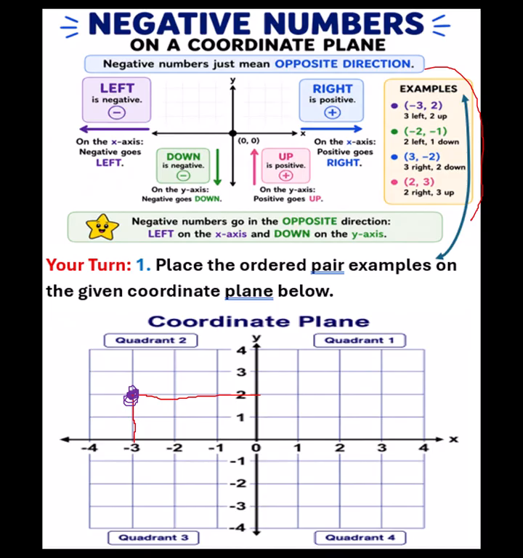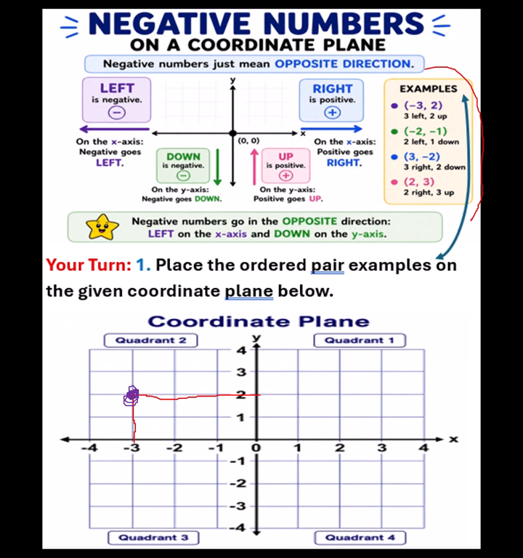So let's keep moving. Now we're going to work with green. We're going to do the ordered pair -2 on the x-axis and -1 on the y-axis. So in this part, we're completely in the negative aspect. -2 means I go on the x-axis, I go left from the 0.